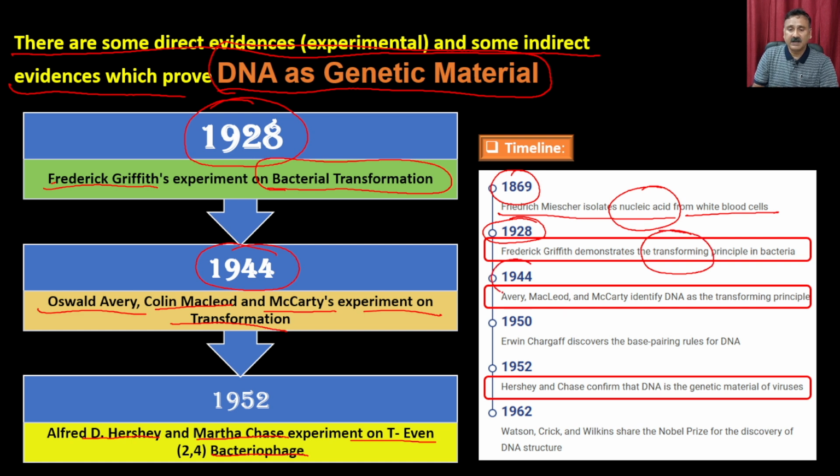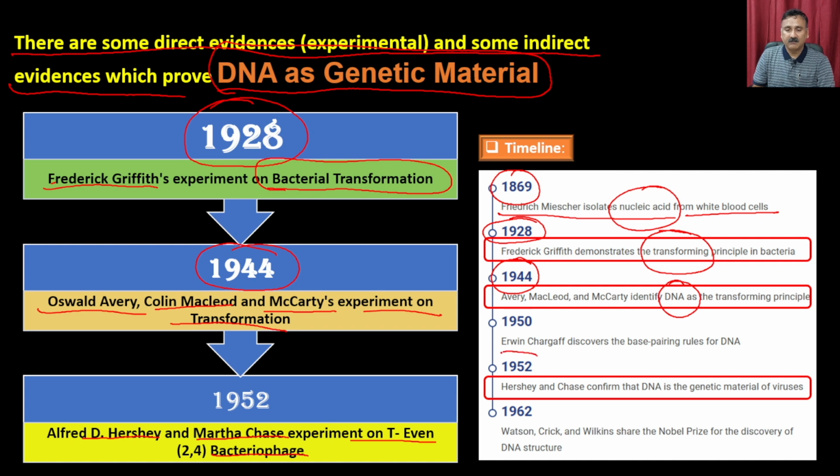Then in 1944, McLeod and McCarthy identified that DNA is the transforming agent. It carries the genetic information, and it can change the phenotype of the other bacteria.